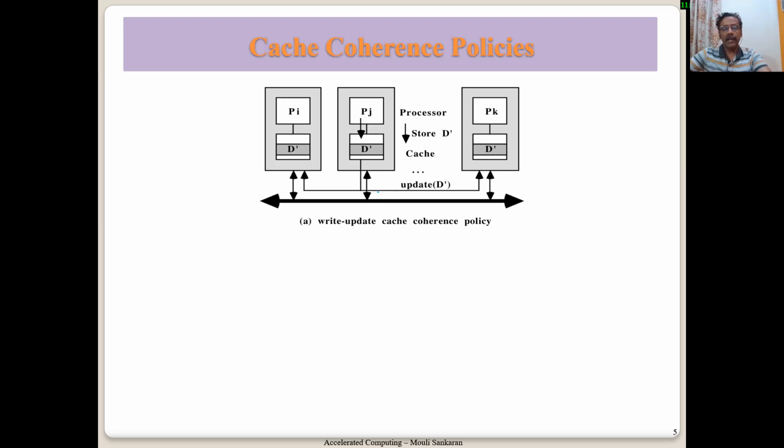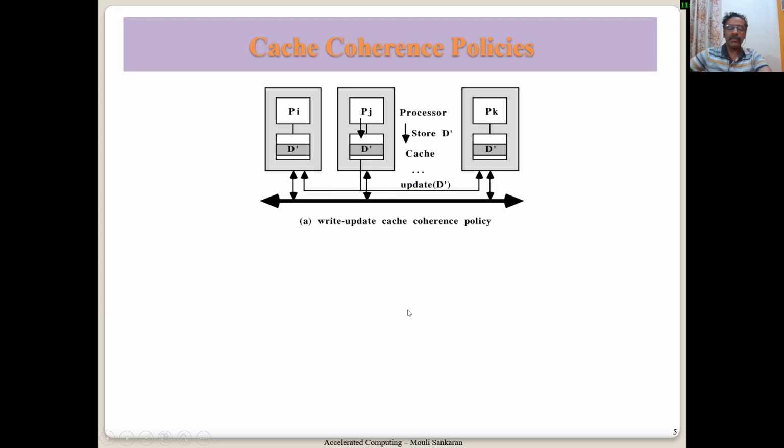Now suppose we have a mechanism by which if any processor is writing into a particular cache line, it is changing it, making it dirty, then you also have a mechanism, additional hardware, which says that, hey, this same copy is available on some other cache also, the same block. Then what do you do? You update the value which is being maintained by other caches also. Okay.